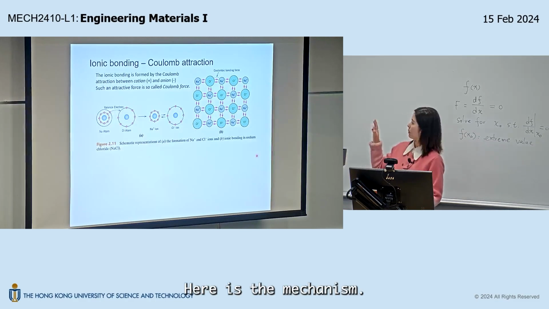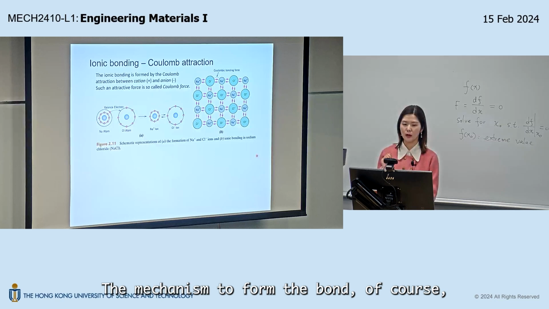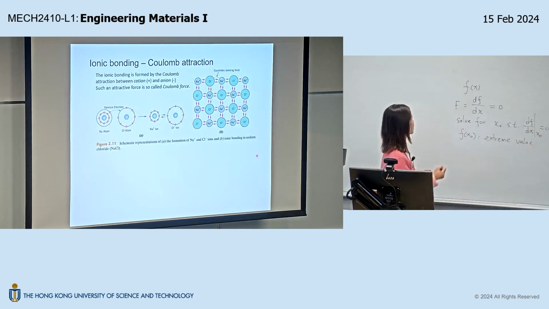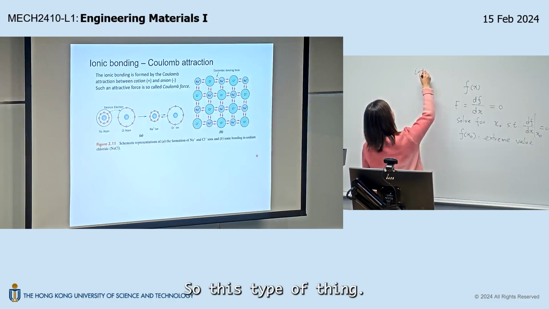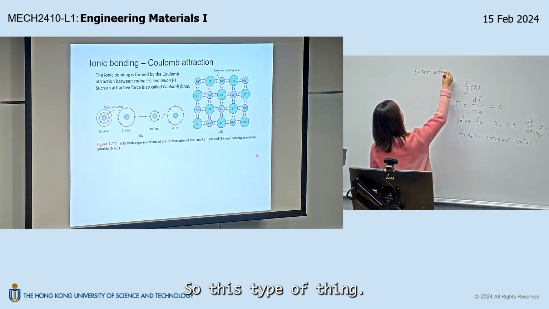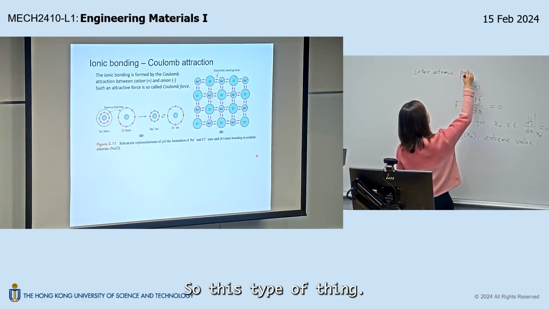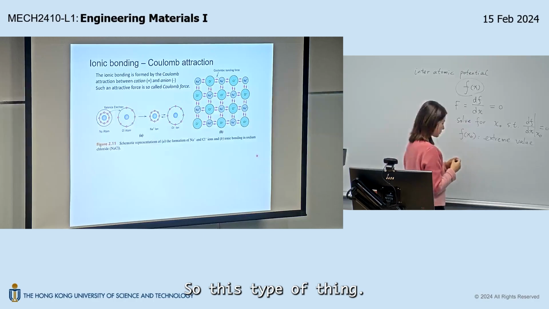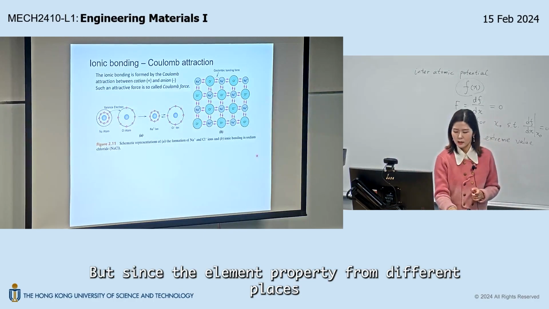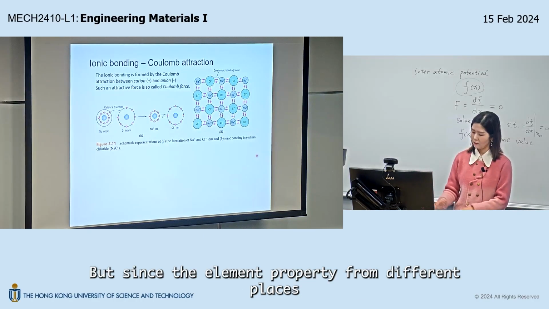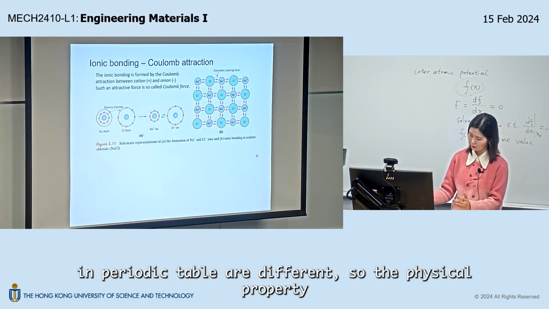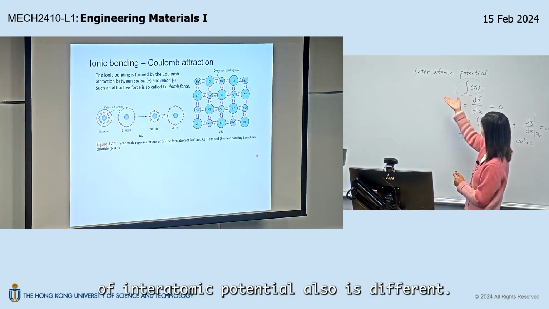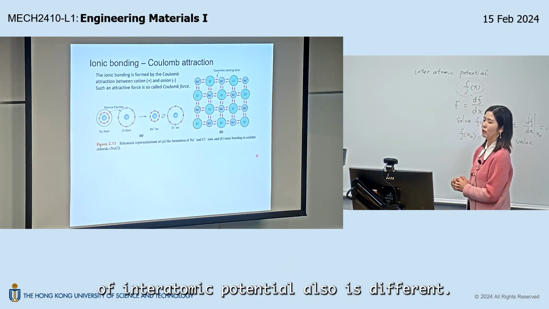Here is the mechanism. The mechanism to form the bond, of course, is a so-called interatomic potential. Right, this type of thing. But since the element property from different places in periodic table are different, the physical property of interatomic potential also is different.